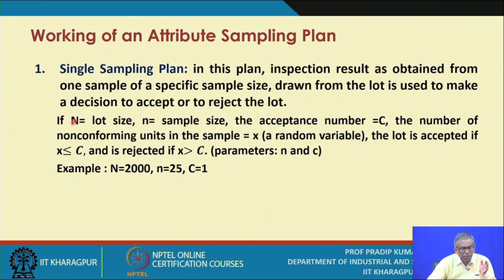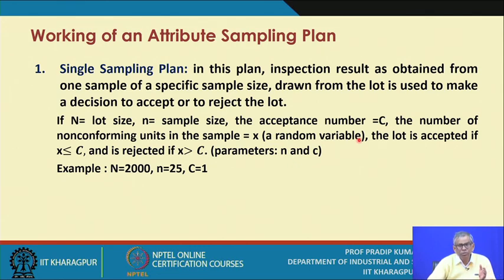So if capital N is the lot size or the batch size, small n is the sample size, the acceptance number is small c, and the number of non-conforming units in the sample is x, a random variable. When you get a sample from the lot, you start inspecting each and every unit in the sample. That means 100% inspection of the sample units.